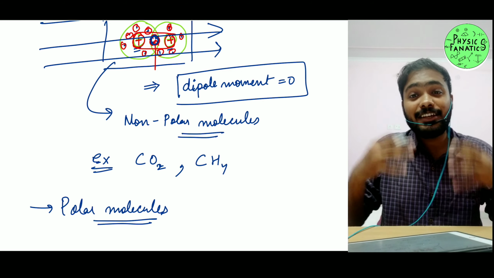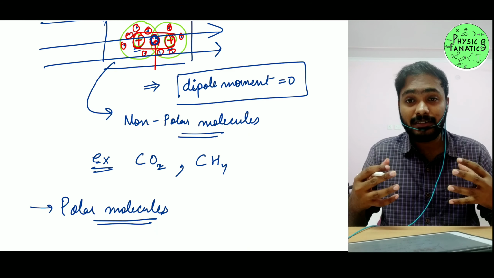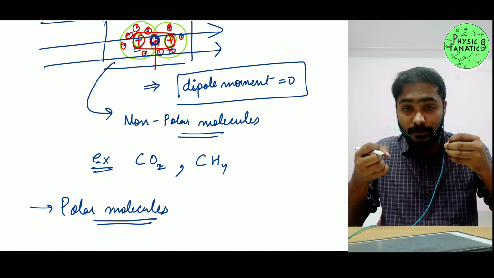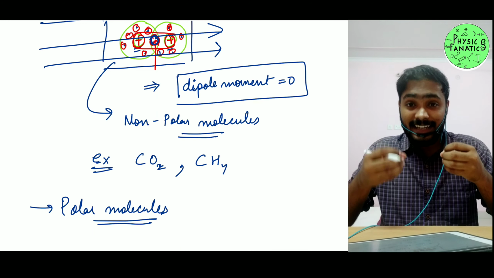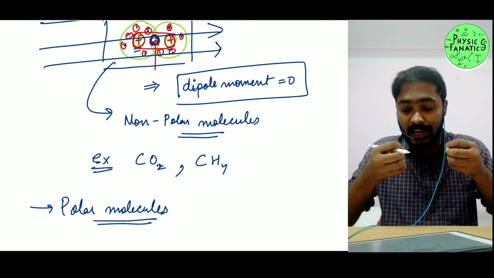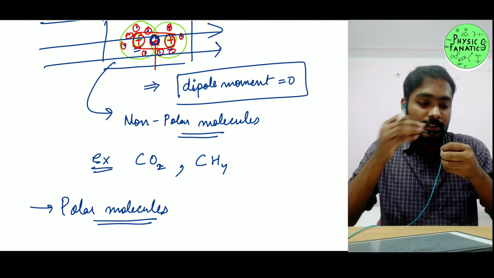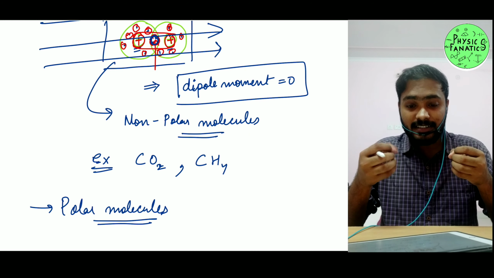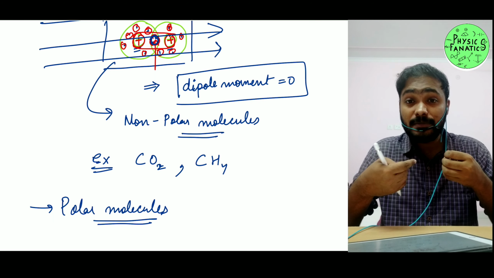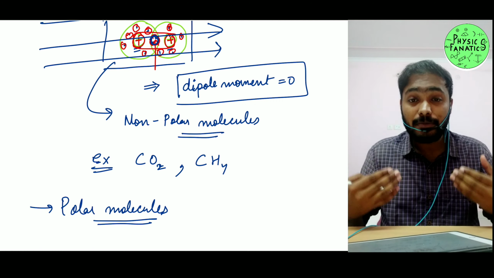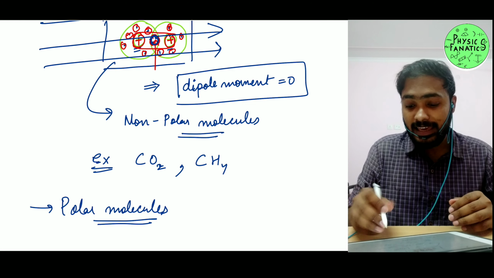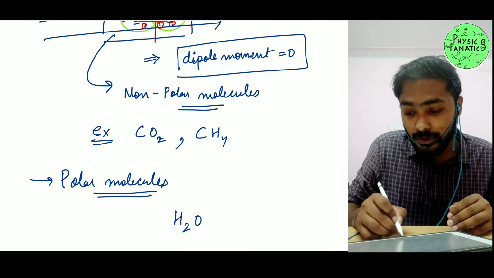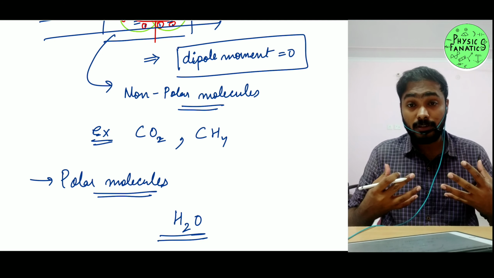They already have some dipole moment, because they already have some distance between their center of positivity and center of negativity. So the magnitude of one of the charges multiplied by the distance between them will give us the dipole moment. An example of a polar molecule is water, H2O. H2O is a really good example of a polar molecule.